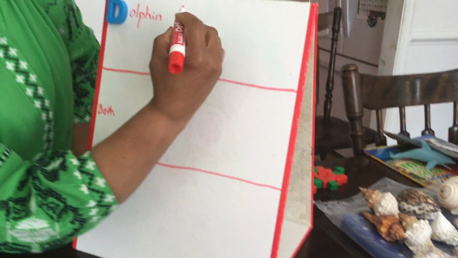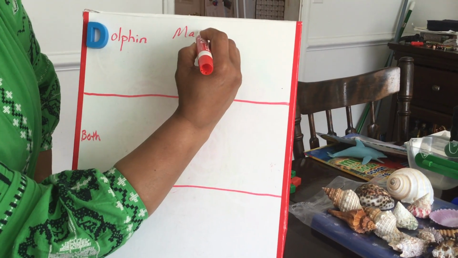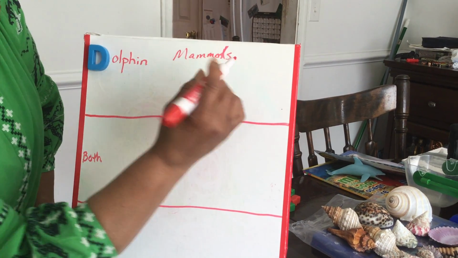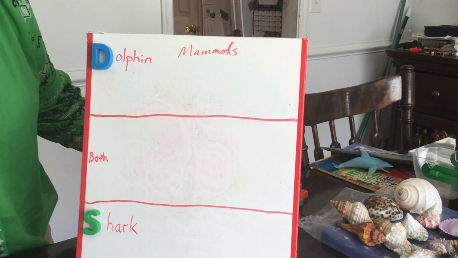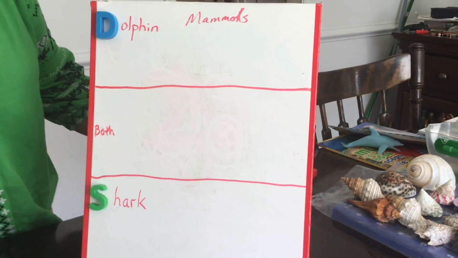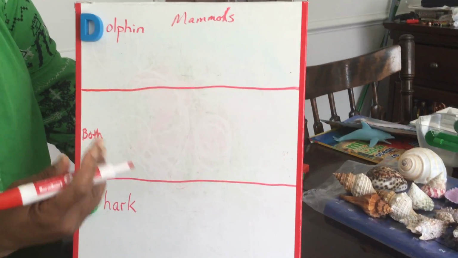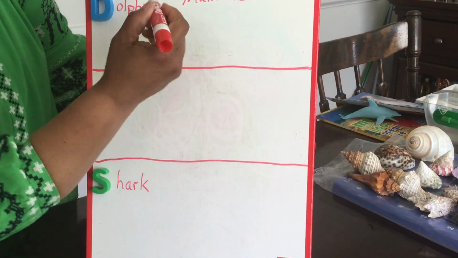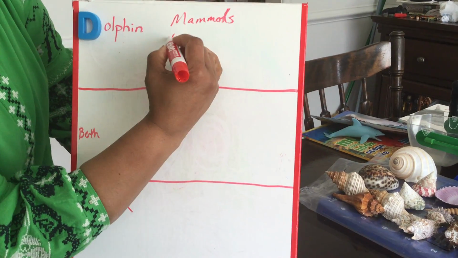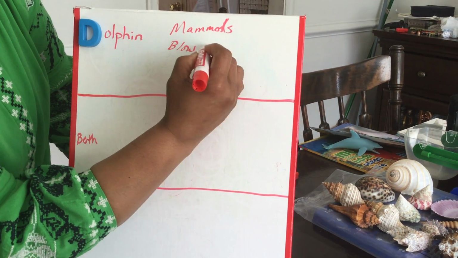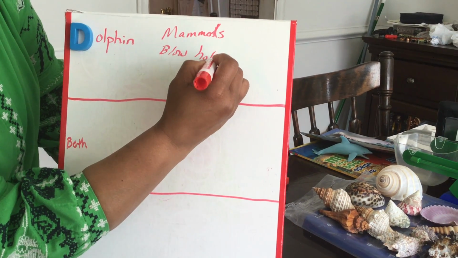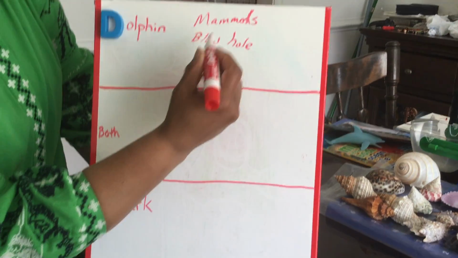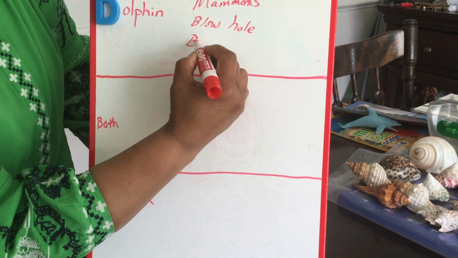Dolphins, my friends, are mammals. Mammals are like us. They breathe the air through their nose. And for a dolphin, it's through his blowhole. So a dolphin has a blowhole. Also, dolphins, like we said, breathe air.